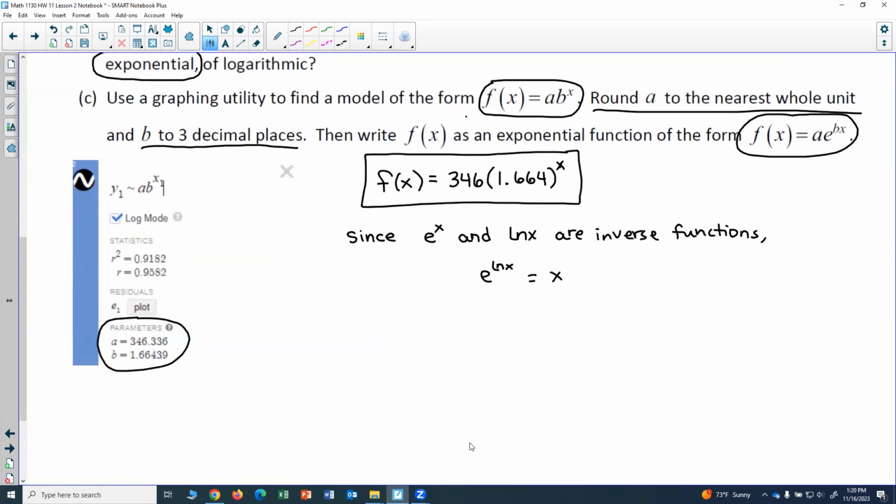So what I'm going to do is e to the natural log of 1.664 is equal to 1.664.